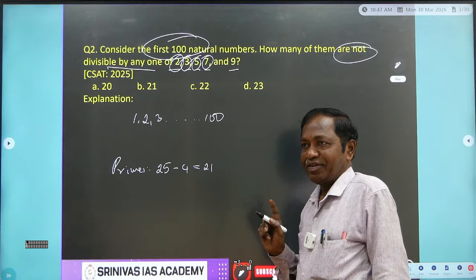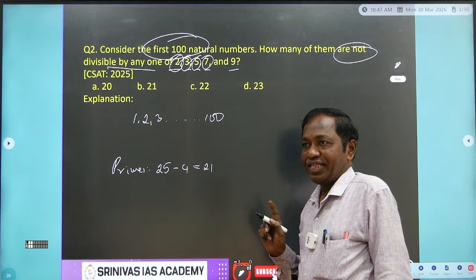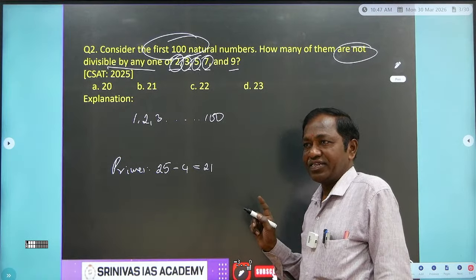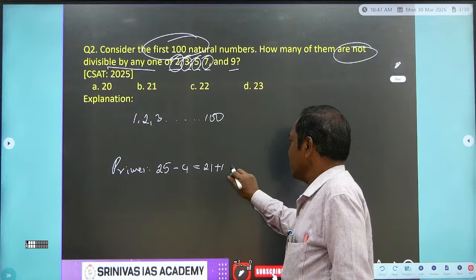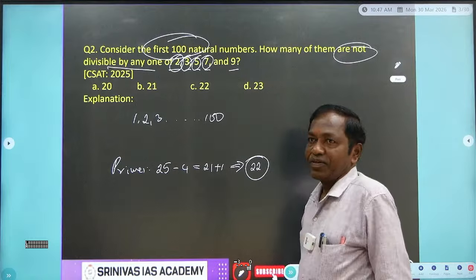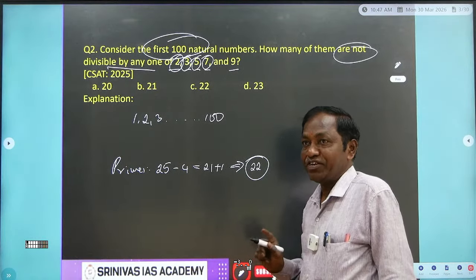Plus 1. Why is it plus 1? 1 is also added, sir. 1 is also added, that's what I am telling. So 22. Yes, you take plus 1 also. Totally, 22 such numbers. Plus 1 or minus 1 can put us into a panic situation.